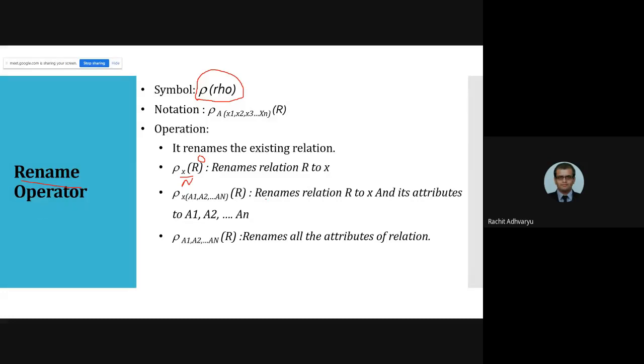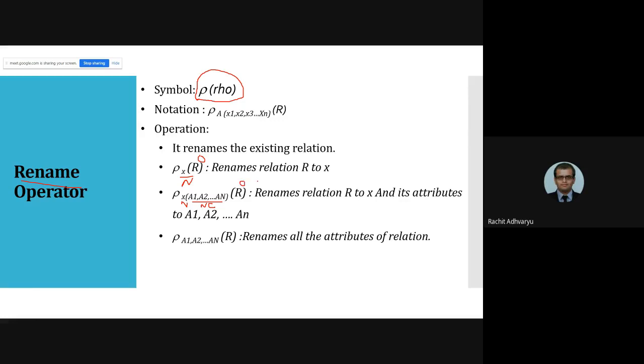So let us say I have a table with 4 columns, and while changing the name of a particular table, I also want to change the names of the columns. What I will do is write rho, X the new name, provide the new column names, and in brackets the old table name.